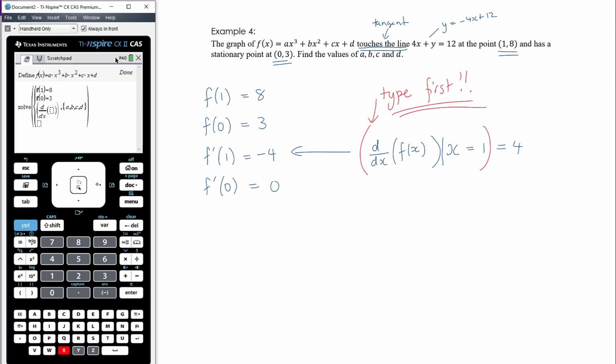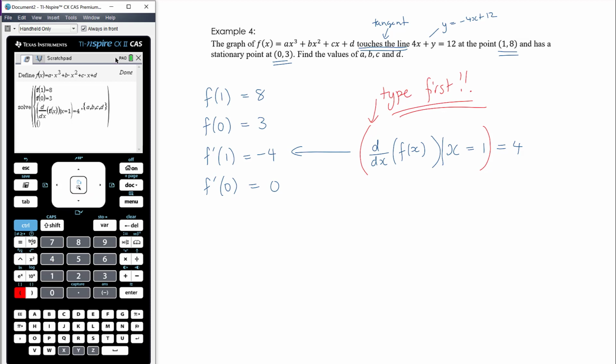With respect to x, we're differentiating f of x. Okay, outside of the derivative bracket, given that x equals 1, and then outside of that bracket, that whole thing has to equal 4. Okay, and then we want the same thing for the next one.